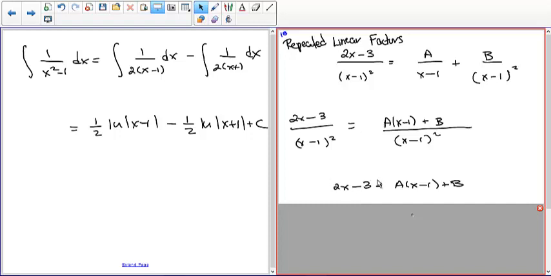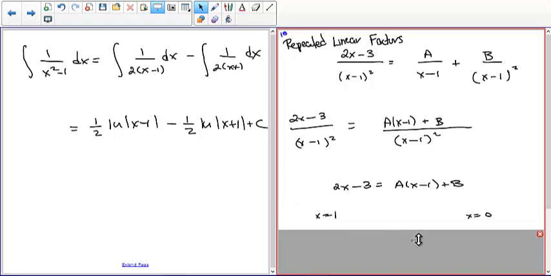Now, when we had distinct linear factors, we chose x to be whatever made the two factors go to 0. Well, in this case, we don't have a second factor. So we're going to still choose x equals 1 to get rid of A to solve for B. And we're going to choose x equals 0.